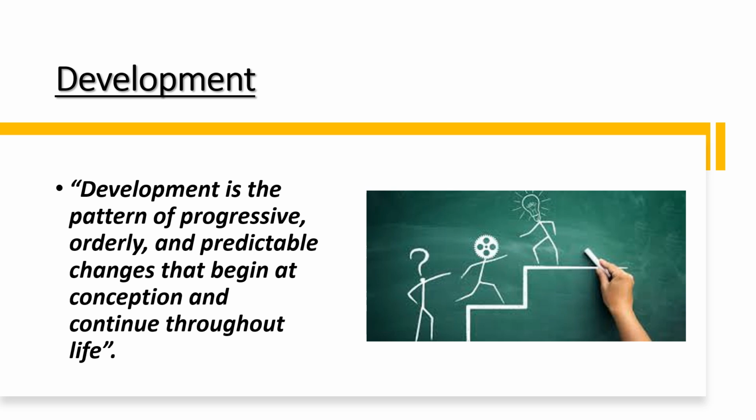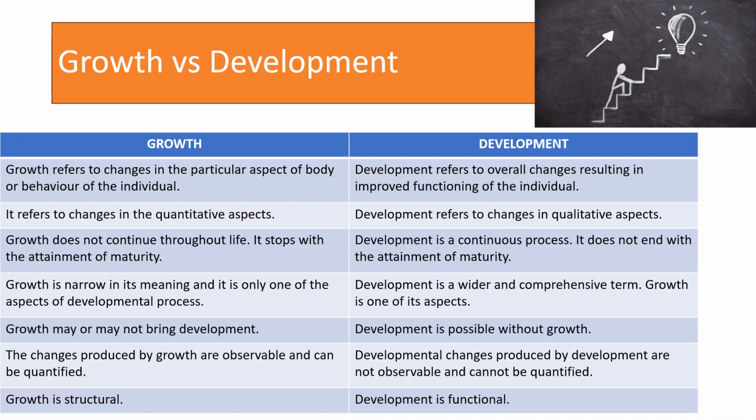Then what is the difference between growth and development? If you look at growth, it is changes in a particular aspect of our body or the behavior of an individual. A particular aspect of our body means, for example, the change in our height.